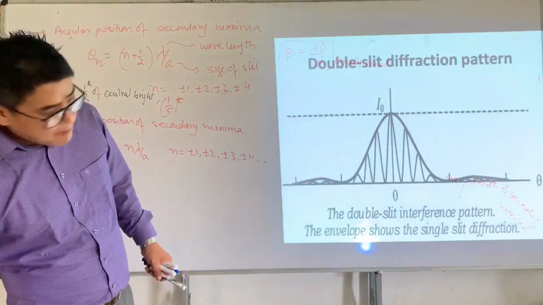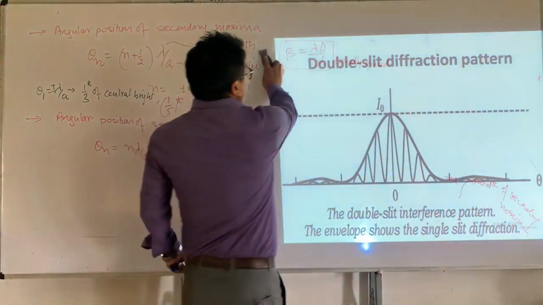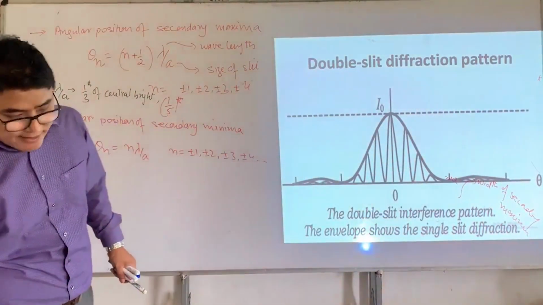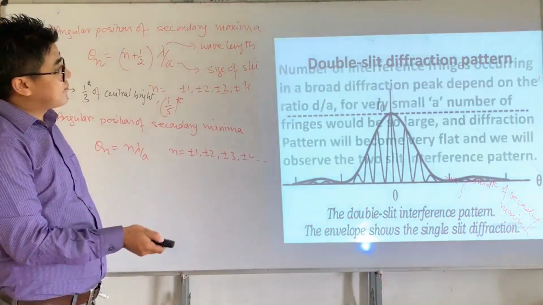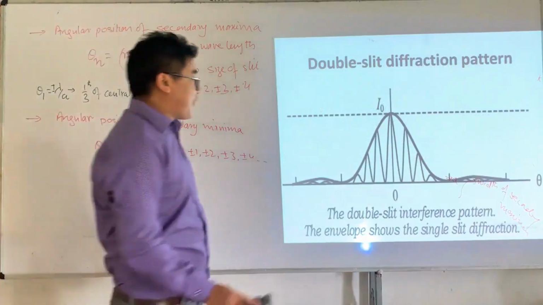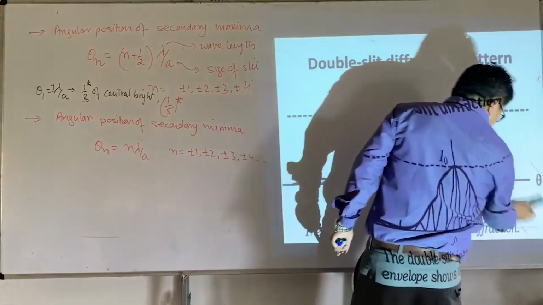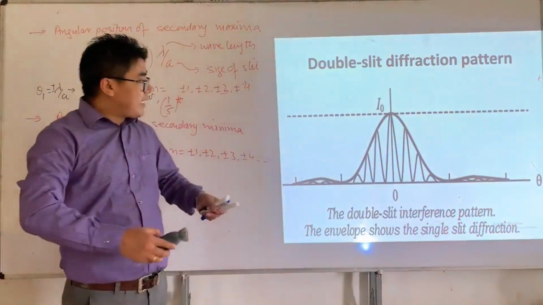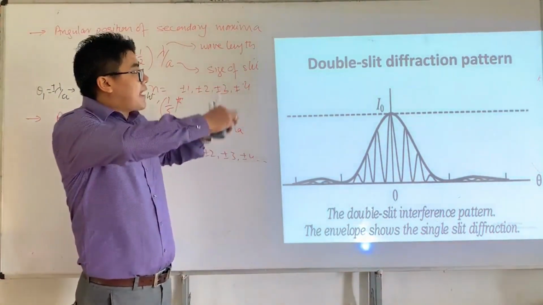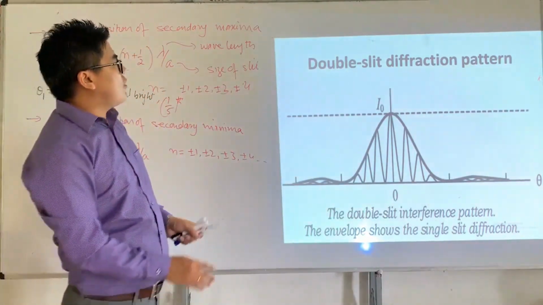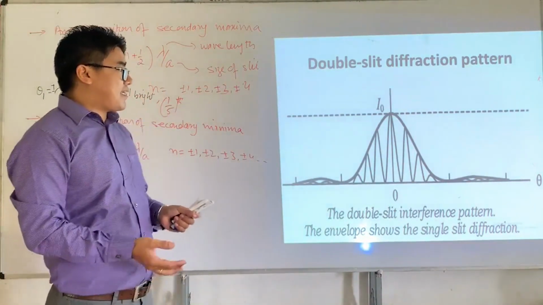Alright, now the last part I would like to do is double slit diffraction. When you have double slit diffraction, the difference is that in case of a single slit, you are getting only a broad peak, and as you go away, the peak becomes smaller and smaller. However, when you do a double slit diffraction pattern, you are getting this.